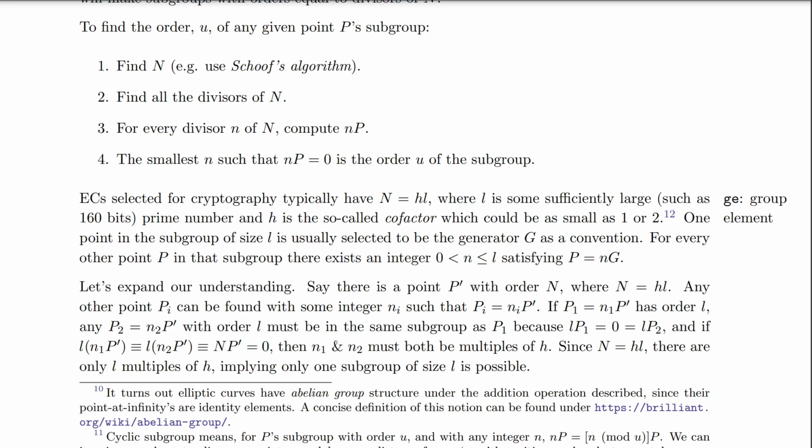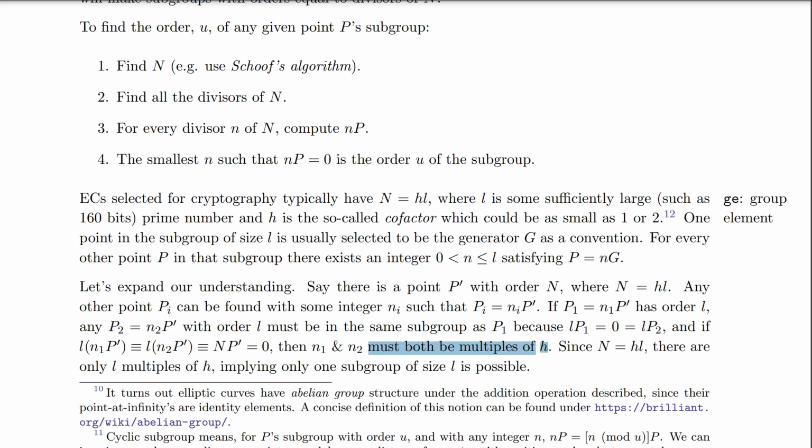And in this equation, we notice the equivalence of n equals h times L. And so in this case, we have h times L times P prime right here. And in this case, we have n2 times L times P prime, n1 times L times P prime. In these cases, in order for the equivalence to go directly through, we notice that n1 and n2 must be multiples of h.